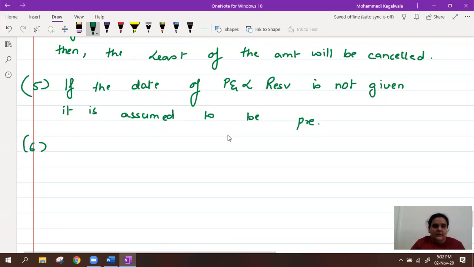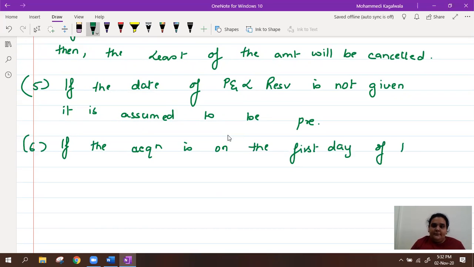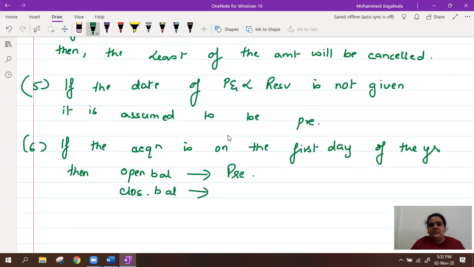Next, if the acquisition is on the first day of that financial year, then maybe they will give you two balances, opening balance and closing balance. Opening balance will become pre, and closing balance will not be treated as pre or post.